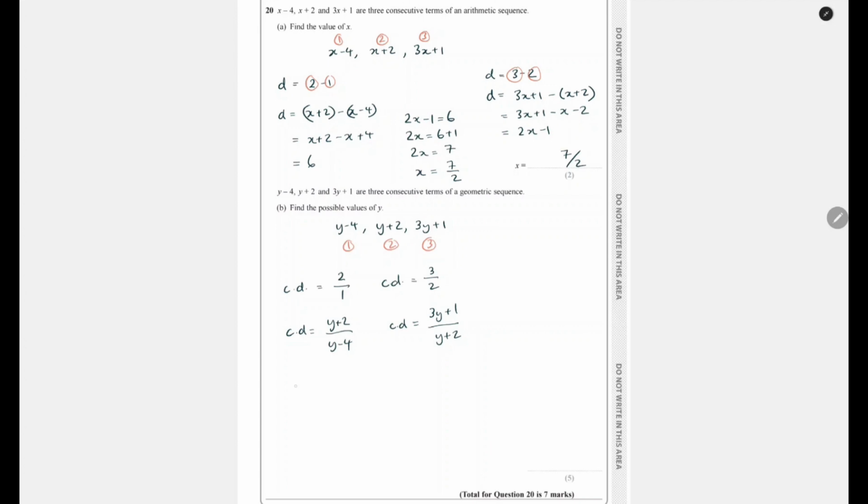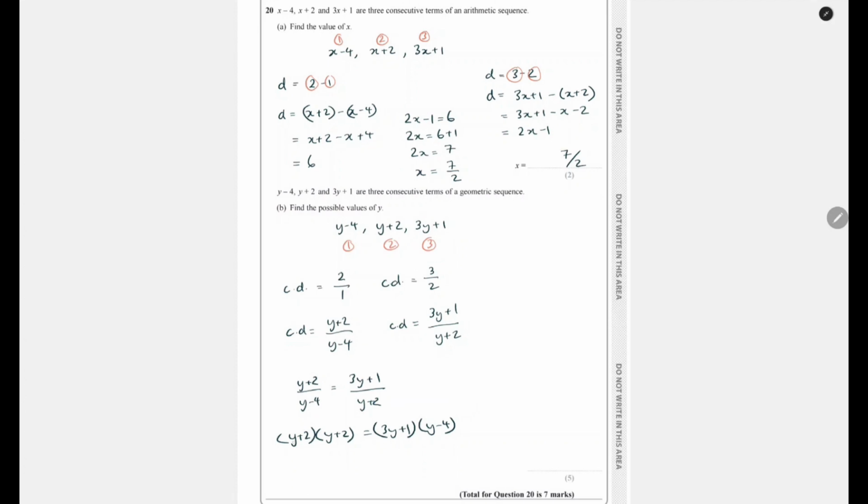So as they're equal, we can equate these two together. y plus 2 over y minus 4 is equal to 3y plus 1 over y plus 2. We can rearrange this equation so that y plus 2 squared is equal to 3y plus 1 times y minus 4.